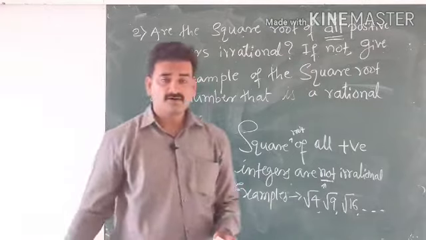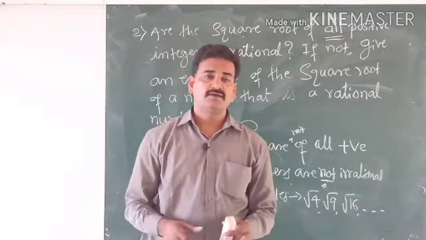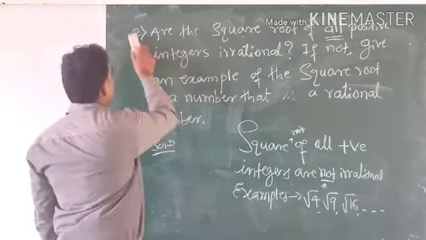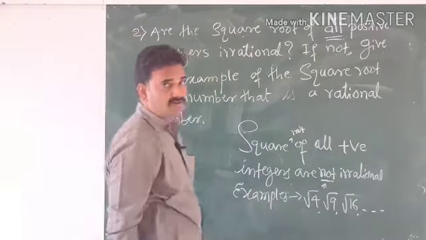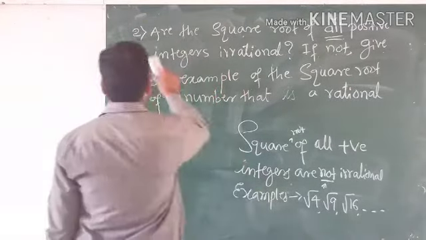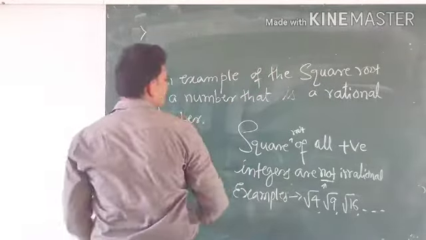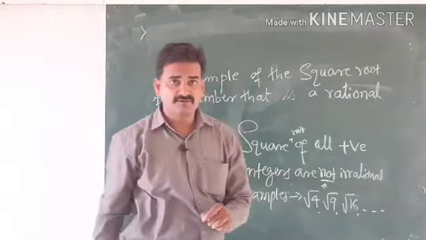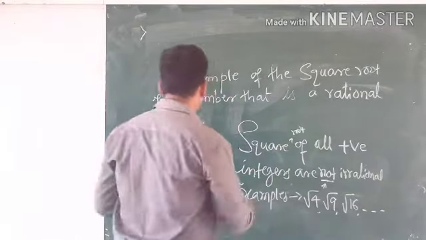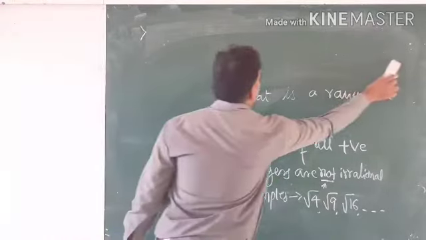So we will go for the next bit, how we are going to draw root 5 on a number line. So third one. If you have not understood anything, pause the video and observe it very carefully. Now I will go for the third one.